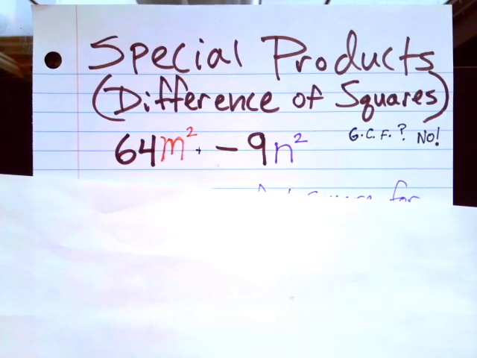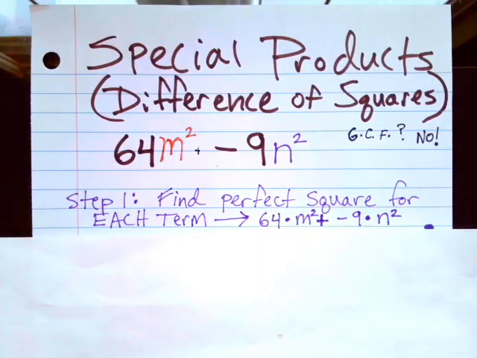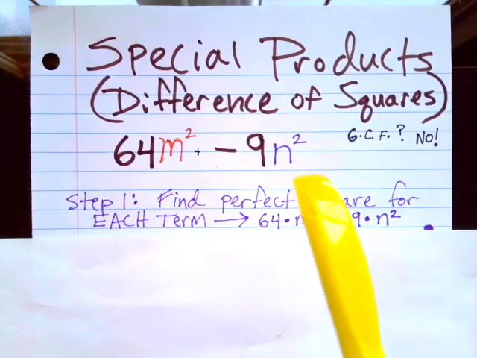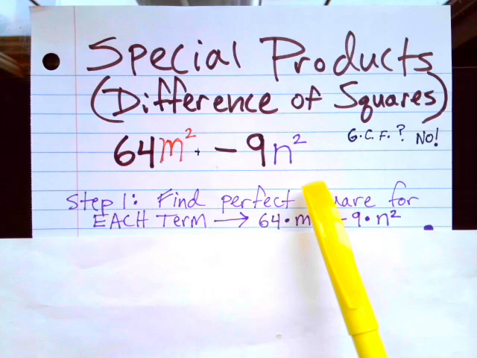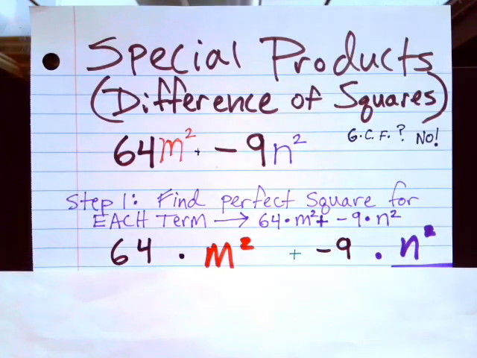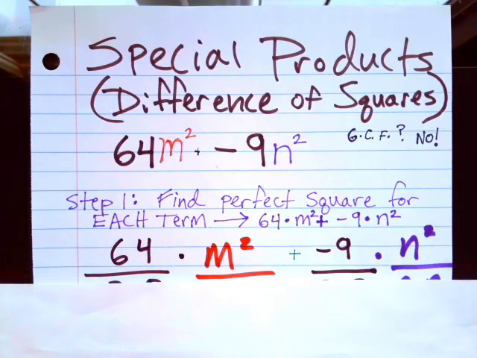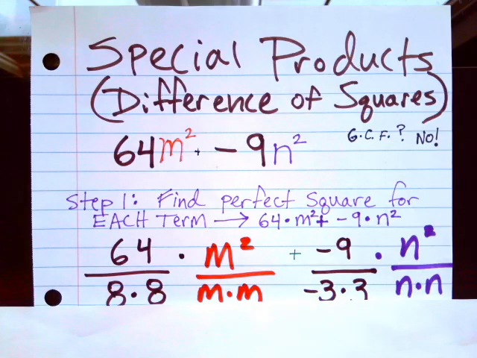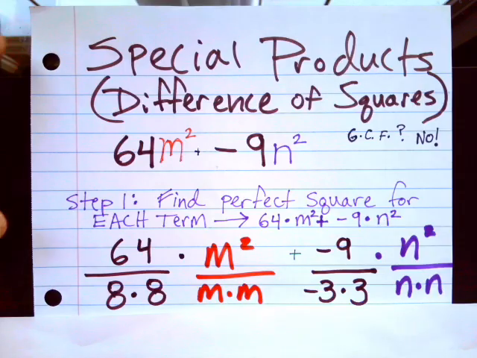Let's take a look at those now. So you want to find the perfect squares for the terms. So we have 64 times m squared plus a negative 9 times n squared. So I'm going to break these up into the perfect squares that we have.